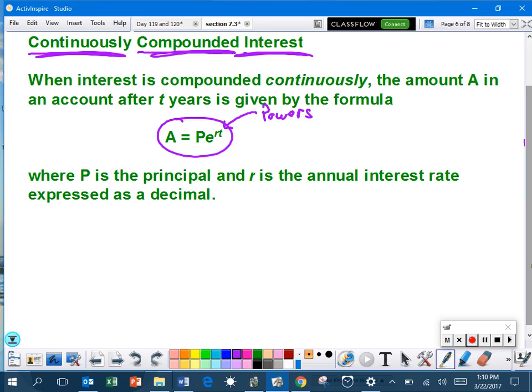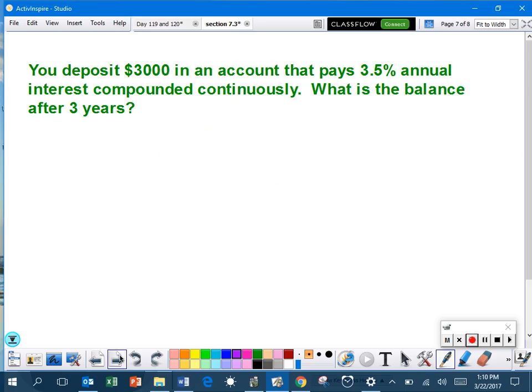So on the next page, we've got a deposit of $3,000 in an account that pays 3.5% annual interest, compounded continuously, and this will be on your mastery quiz on Monday. What is the balance after 3 years? All right, so I'm going to write the formula again. A equals P times E to the RT power, PERT.